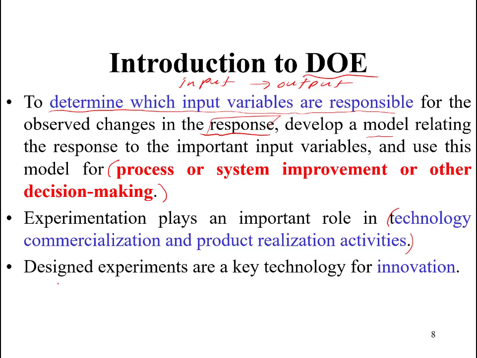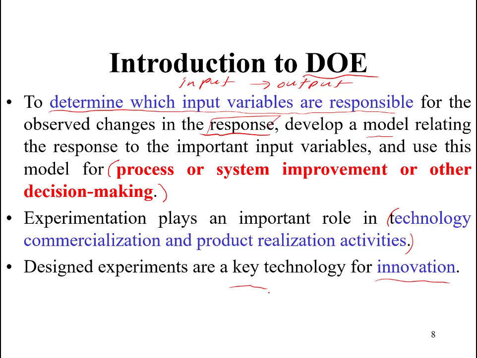And also design of experiment is a key for innovation. In other words, when you have something in your mind, any innovation, you need to check it. You need to understand if these new or novel things may be useful for society.